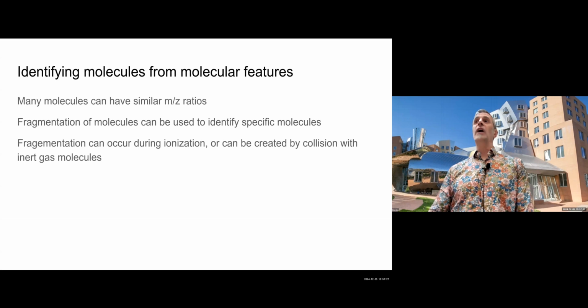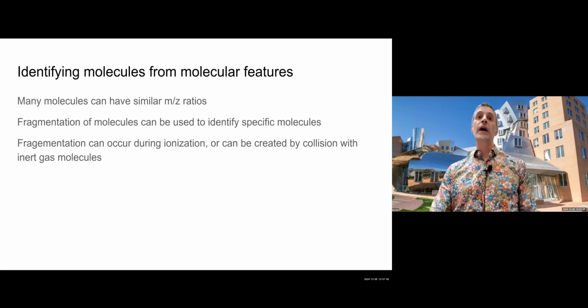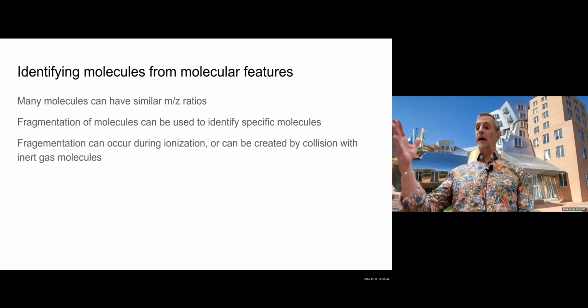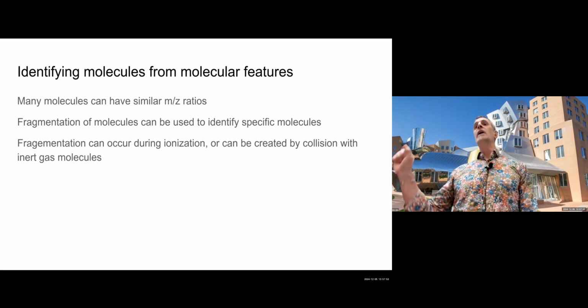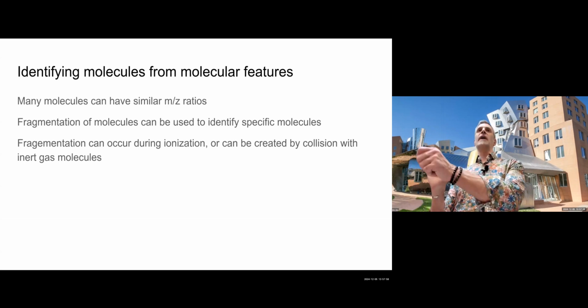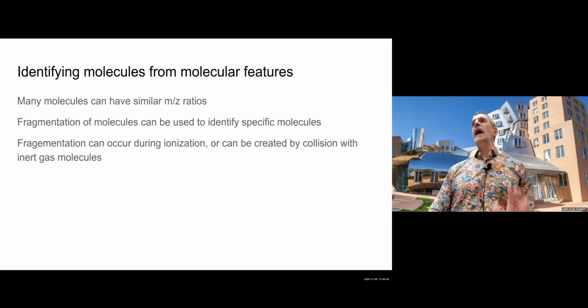But if we're using a softer ionization, then we may have to deliberately fragment those ions, and that gets into what's usually called MS-MS or MS2, MS squared. Our first pass through the MS identifies the mass of the parent compound, and then we can target specific parent compounds to fragment, and usually they're fragmented by colliding them with an inert gas or something like that.